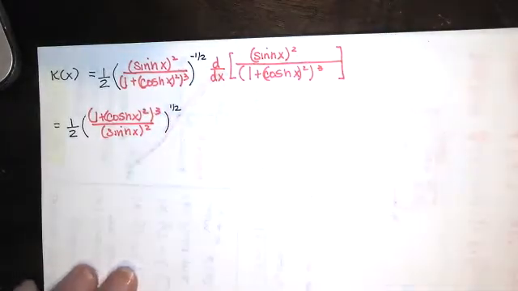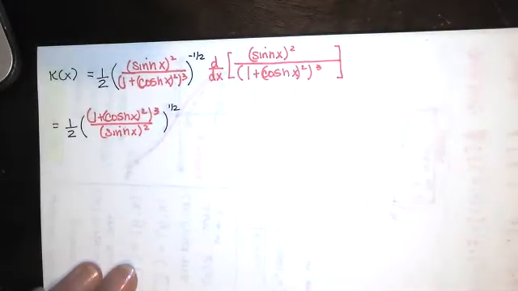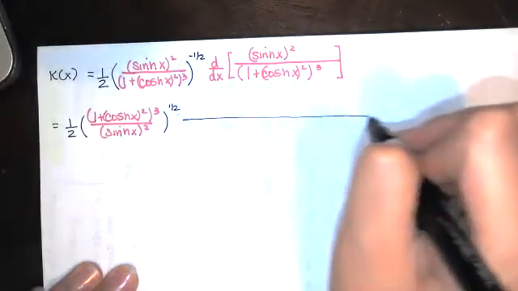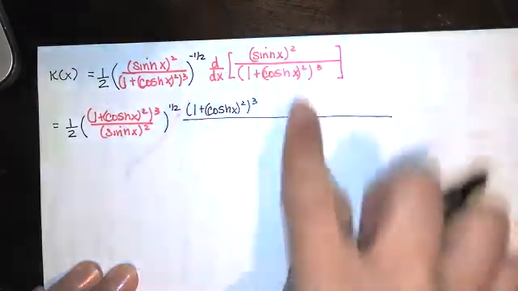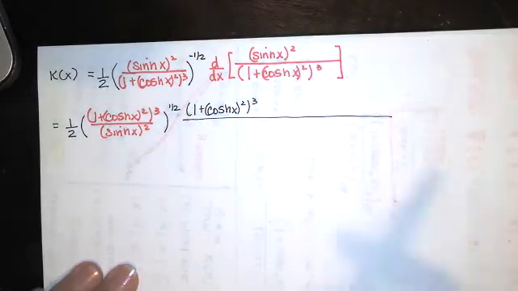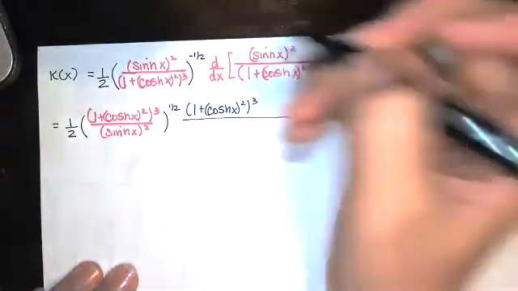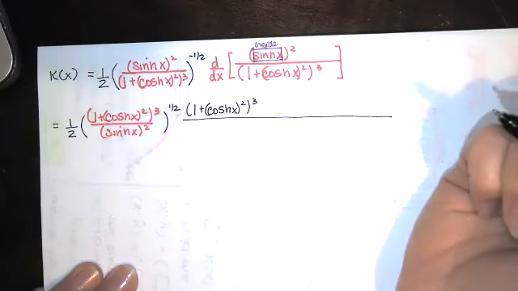And since this is a quotient, it requires a quotient rule, excuse me. So it's low d high. The bottom function times the derivative of the top function. Now that's got a function nested inside another function as well. So this requires the chain rule.